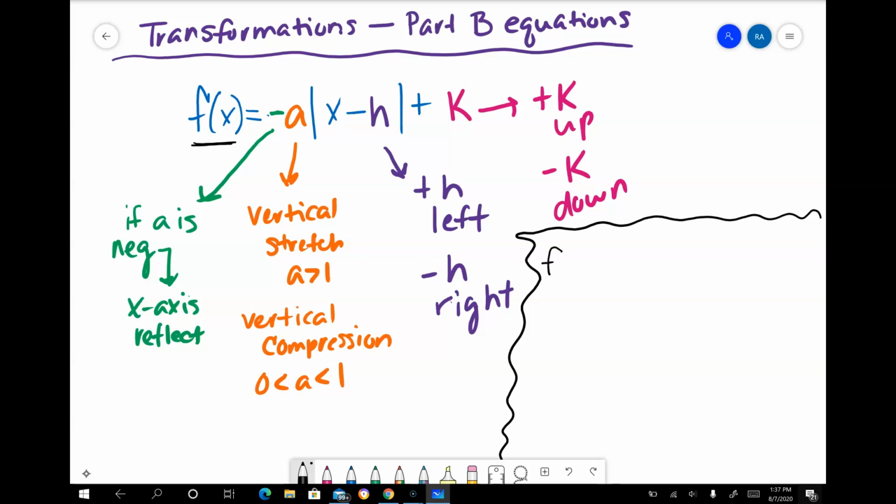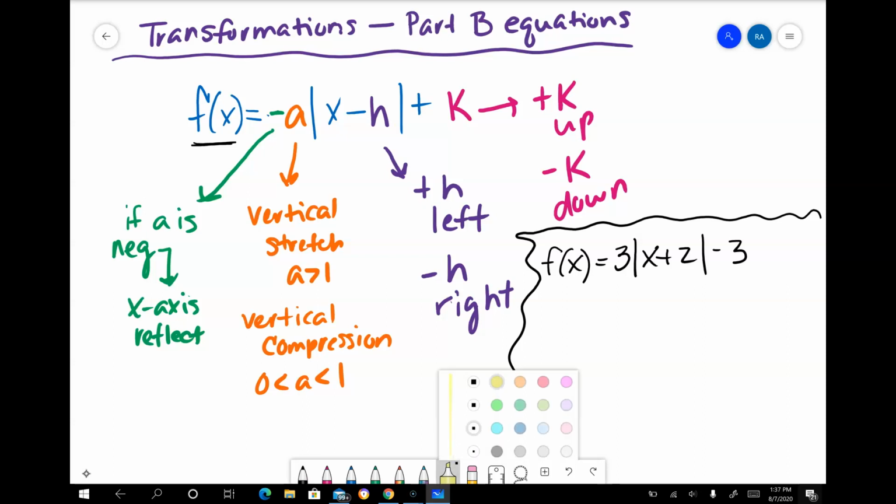So I'm going to give you the example f of x equals 3 times the absolute value of x plus 2, minus 3. Anything that is not the x or the absolute value bars is going to be a transformation.